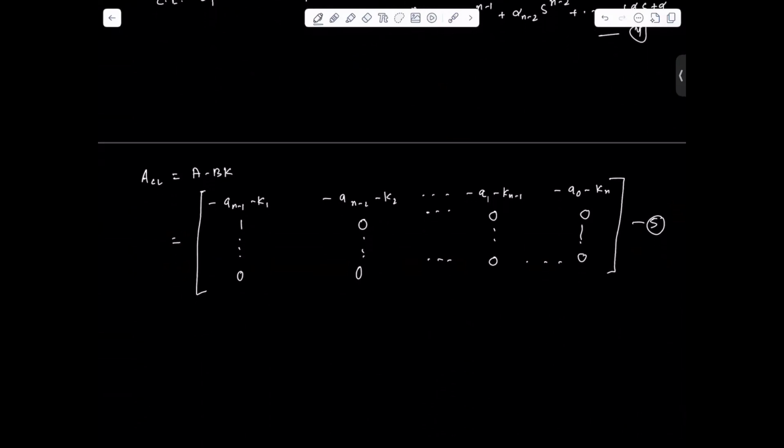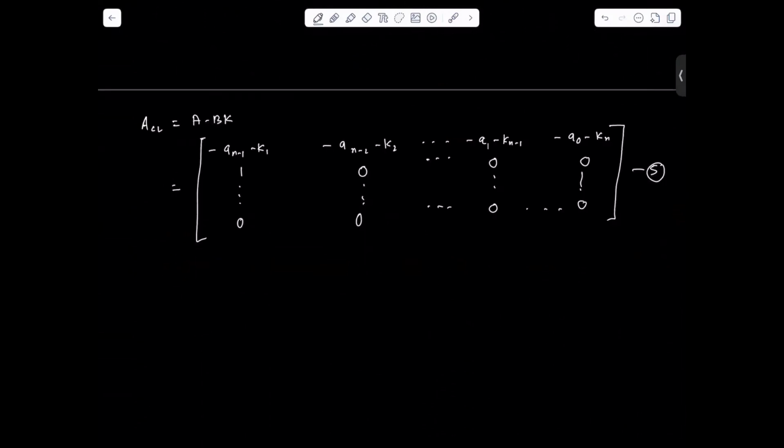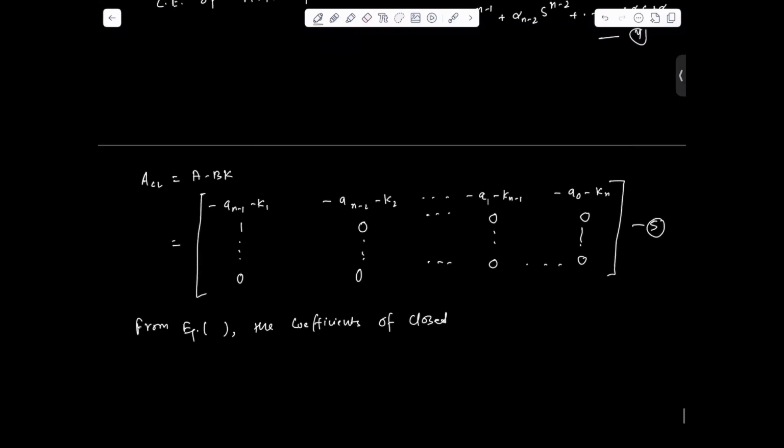So what we will do is compare the coefficients from equation 4.